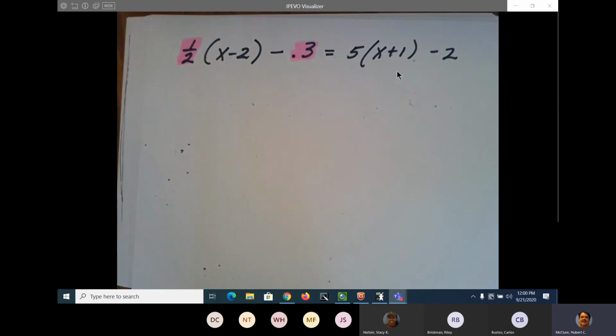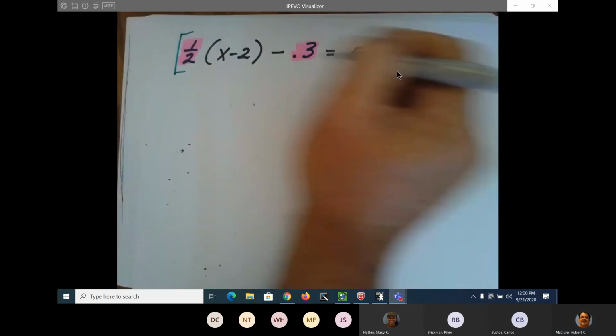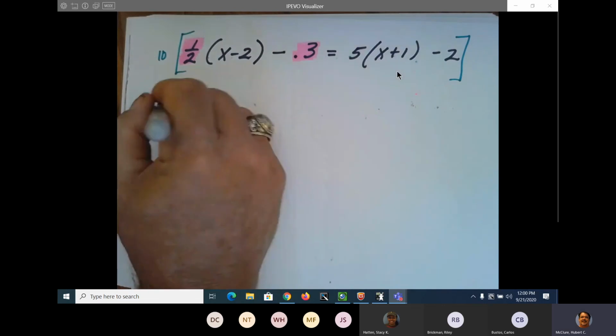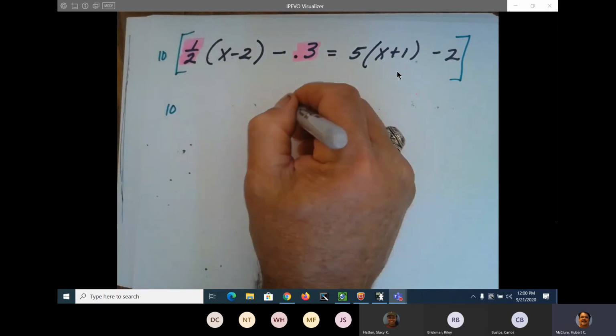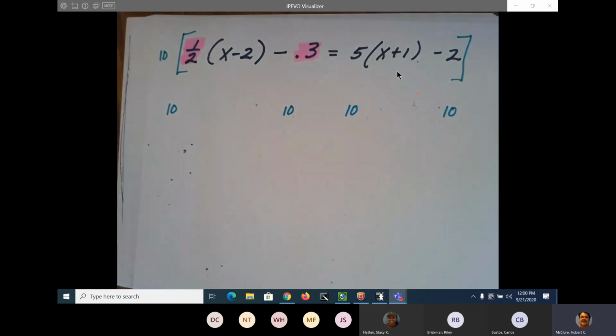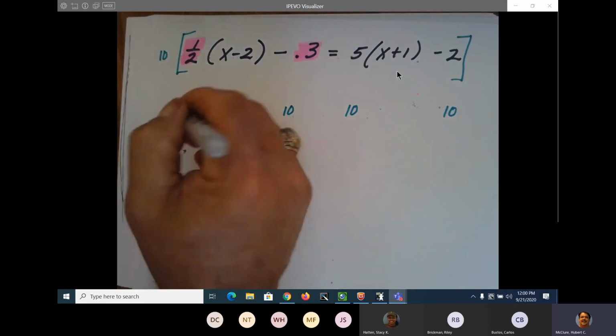So I've got to multiply everything by 10. I'm going to multiply by 10 here, 10 here, 10 here, and 10 here. And I'm putting a baby step in for a reason because I want you to see what happens.